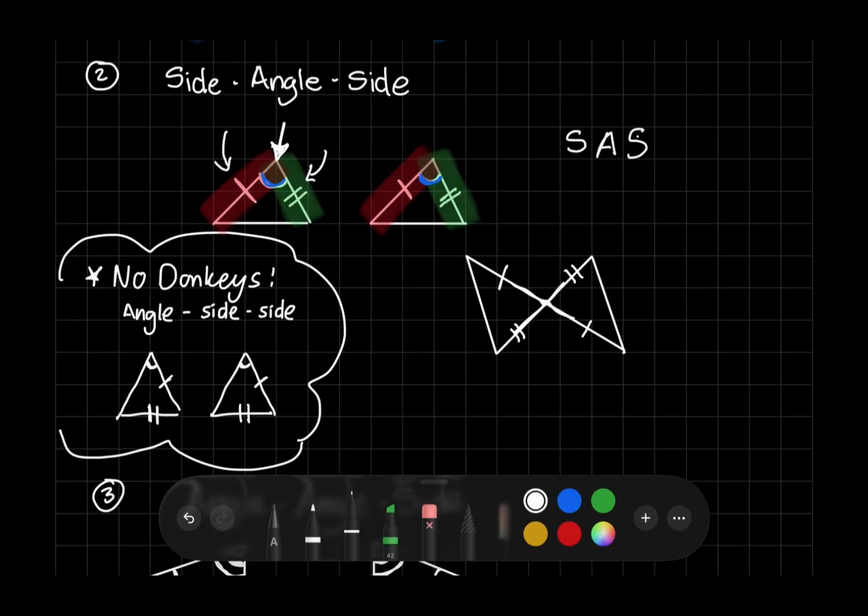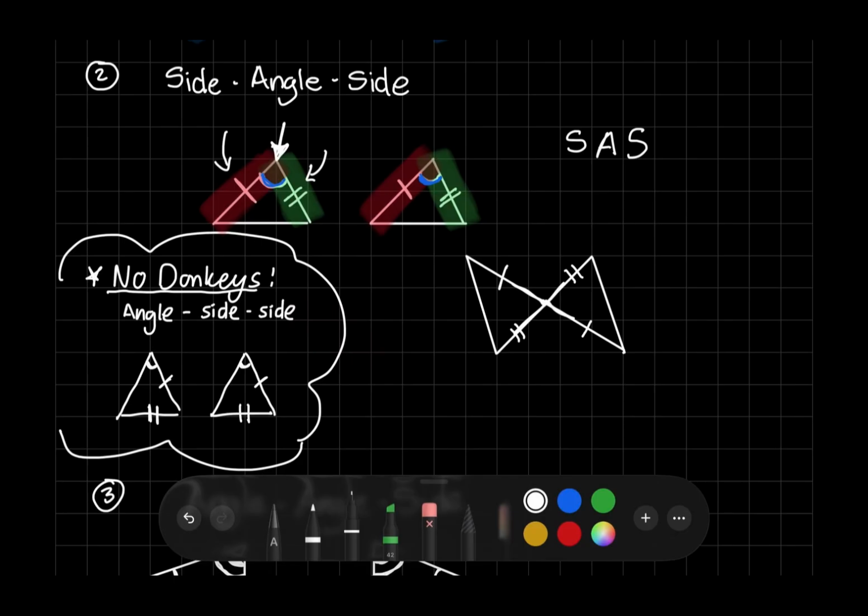Side, angle, side. I want to show you an example where even if we have 2 sides that are congruent to each other, but not necessarily the angle in the middle, it will not necessarily work out. I like to say no donkeys. Angle, side, side. We can check here.